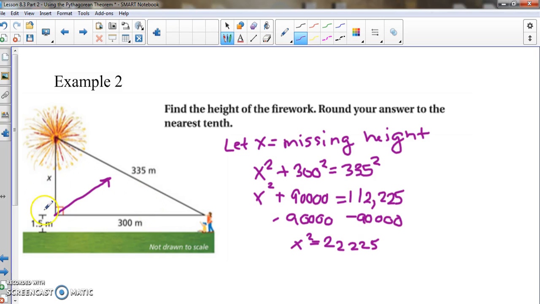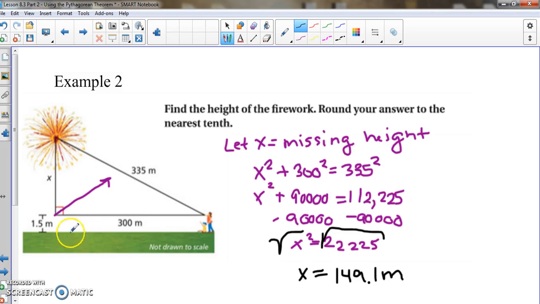I know that answer doesn't even make sense because the longest side has to be 335. So remember, the last step in these problems is you have to square root those sides. So square root 22,225. And we're going to get an answer of x equaling 149.1 if we round correctly. So 149.1 meters. That's just our answer for x.